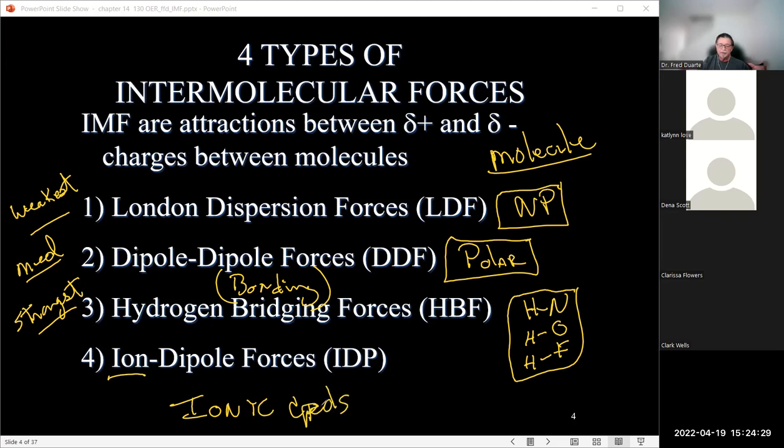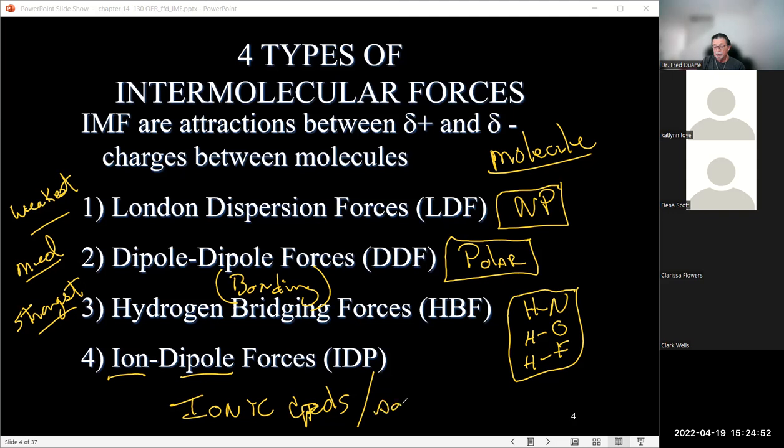So those are metal, non-metal compounds, whether they are totally soluble in water or just insoluble. Remember, even though they're insoluble, there's still a small amount of ionic compound in solution. And so these are ionic compounds in some solvent which has a dipole, which happens to be water.